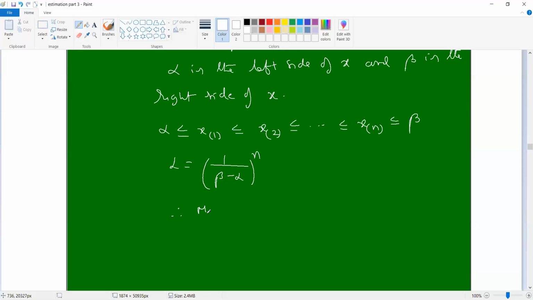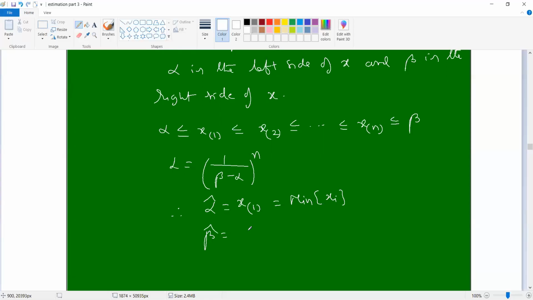Therefore, alpha cap is equal to the minimum; the maximum value of alpha is x1 order. That is equal to the minimum sample observation, minimum xi.